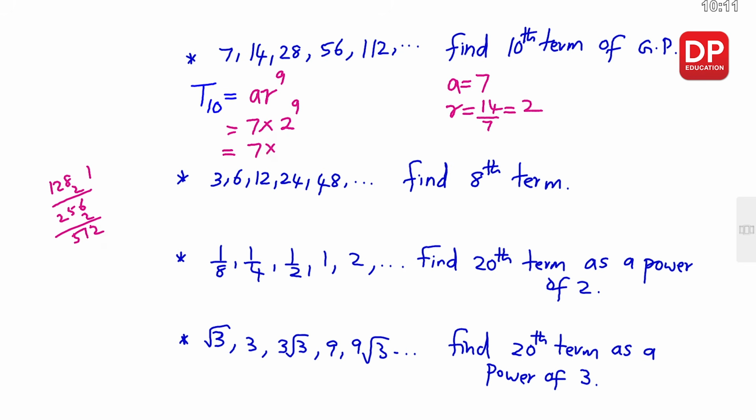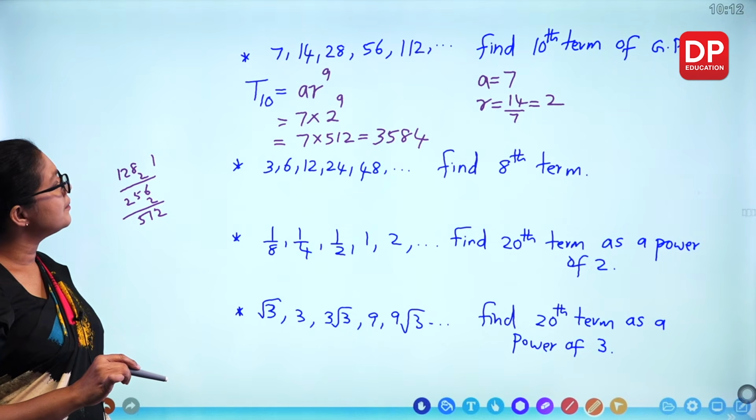So 7 times 512: 7 times 2 is 14, 1 remaining; 7 times 1 is 7, plus 1 is 8; 7 times 5 is 35. So it's 3,584.